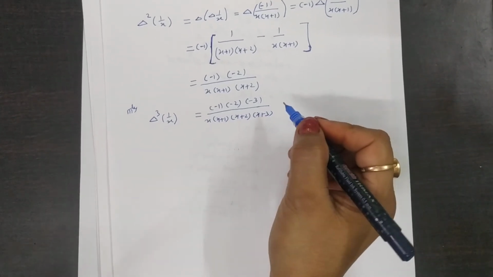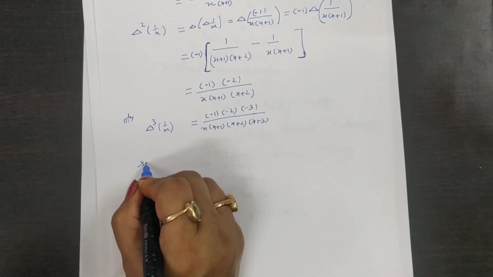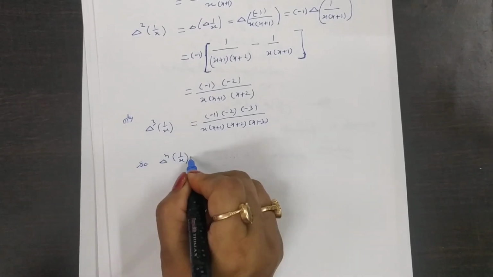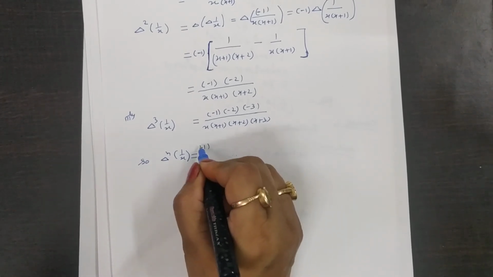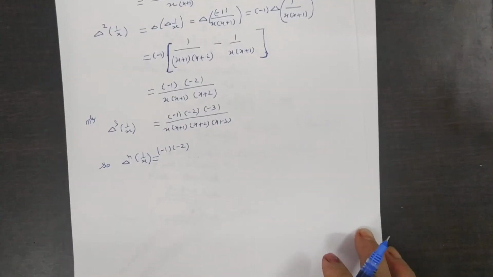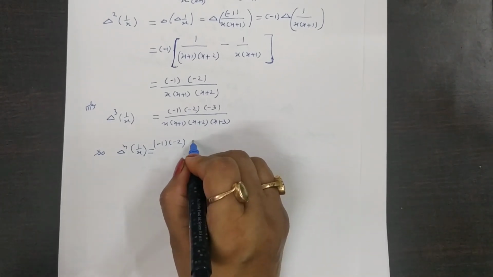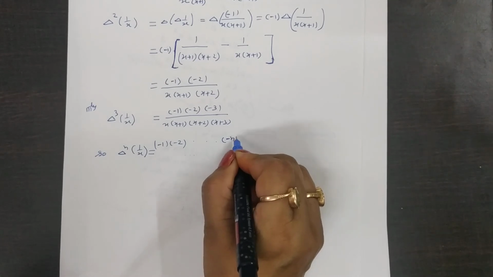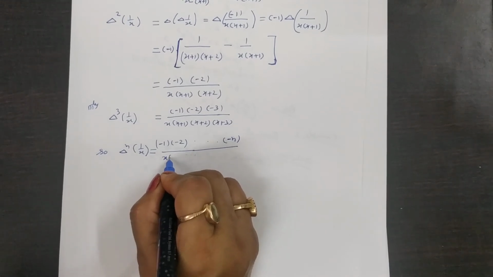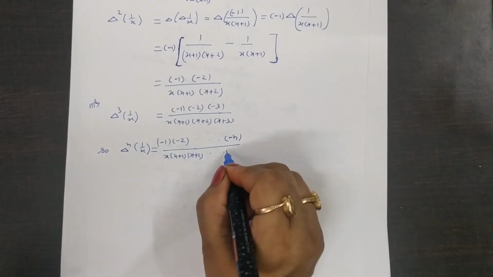And similarly you can find delta to the power n of 1 by x. This can be written as minus 1, minus 2, up to minus n, and this whole divided by x plus 1, x plus 2, up to x plus n.